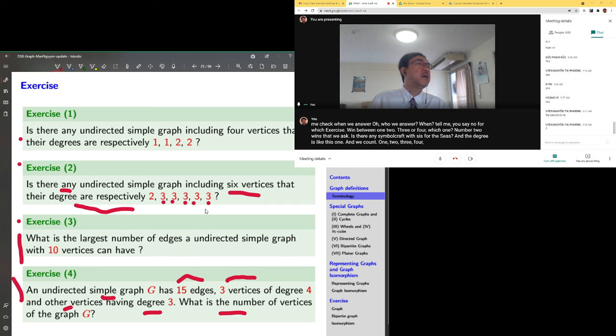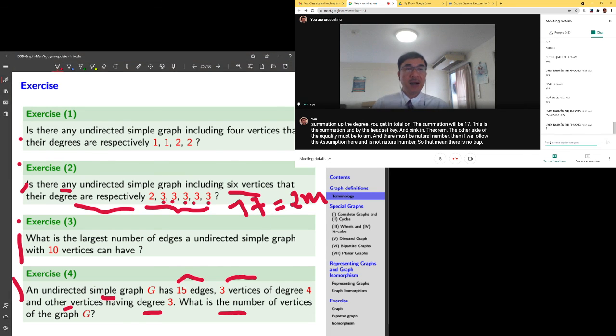By the Handshaking theorem, the other side of the equality must be 2m, and m must be a natural number. Then if we follow the assumption here, m is not a natural number, so that means there is no graph.